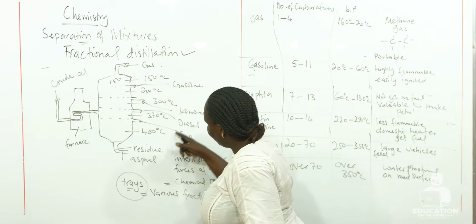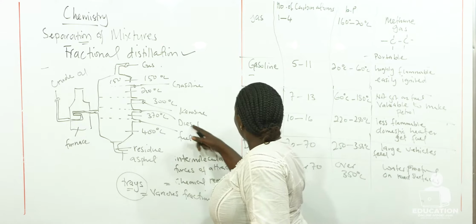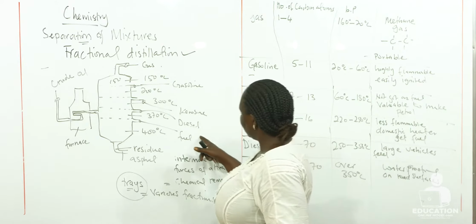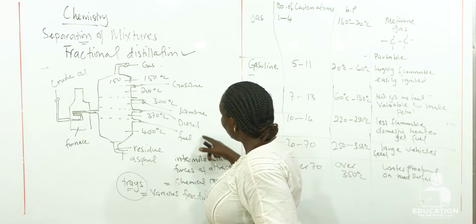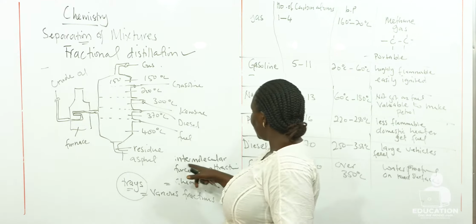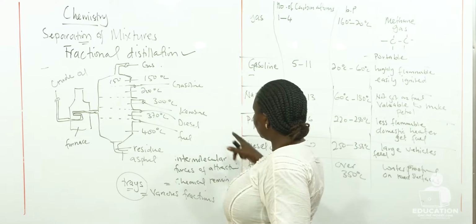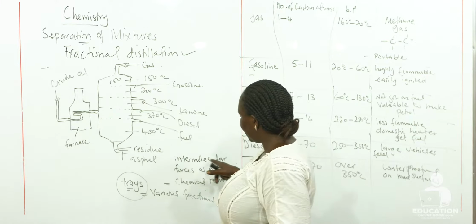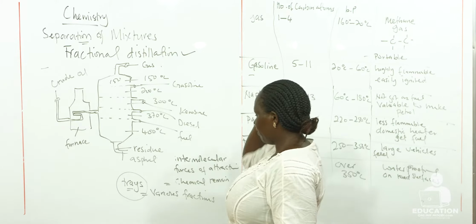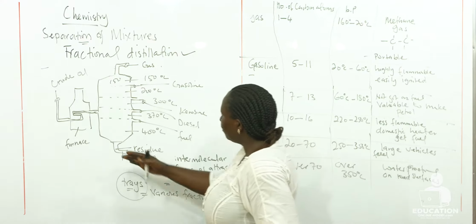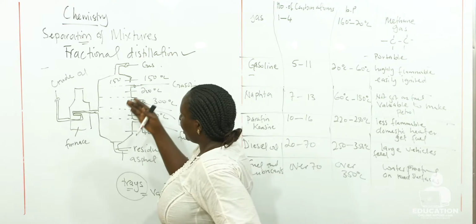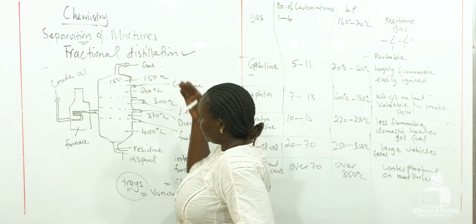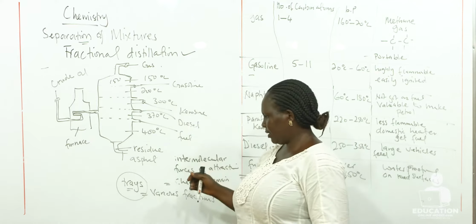Here we have the fuel. Because the molecule is very large, the intermolecular forces of attraction are very strong, and we need large energy to break the intermolecular forces of attraction. So heavy molecules are always at the bottom, and light molecules are at the top because they evaporate faster and then they condense fast.